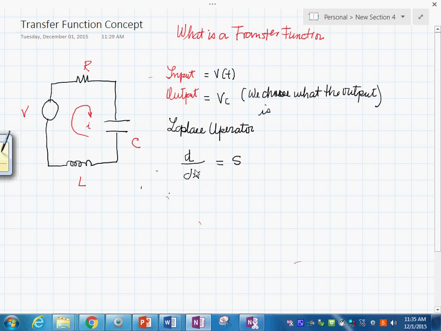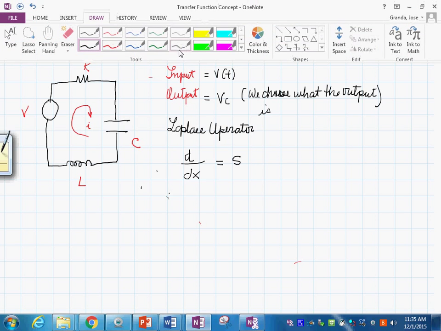This could be d dx, or d dt. Let's put the letter t in here.